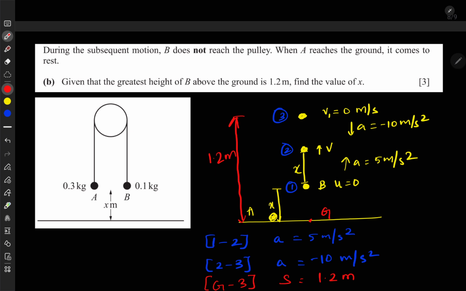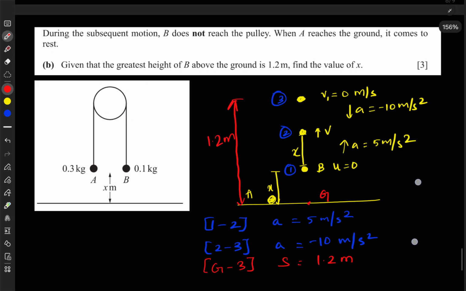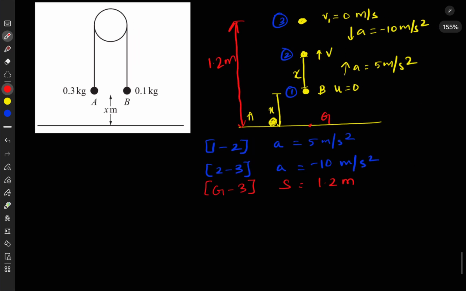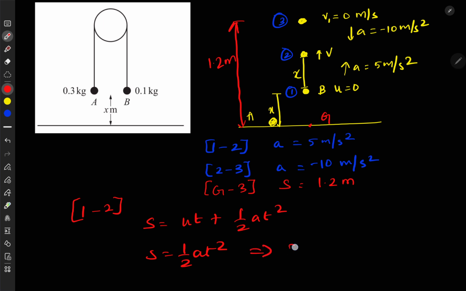But g to 2 it is just 2x. Now for B, let's assume the motion from 1 to 2. It's accelerating. So in that case we can use s equals ut plus half at squared. So u is 0, so s will be equal to half at squared, and s here is x, and half a is 5, and it is t squared.